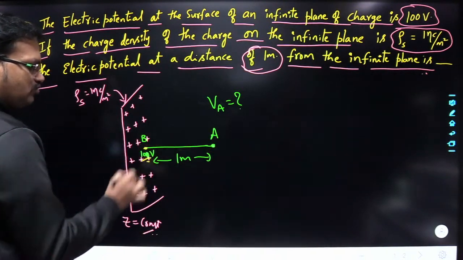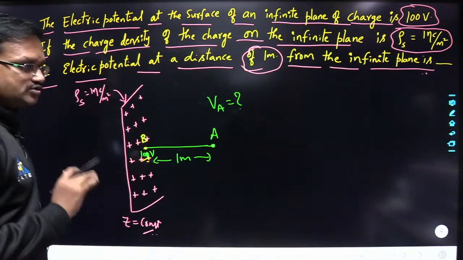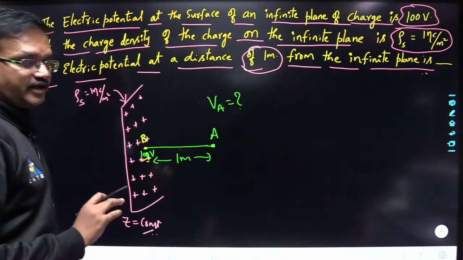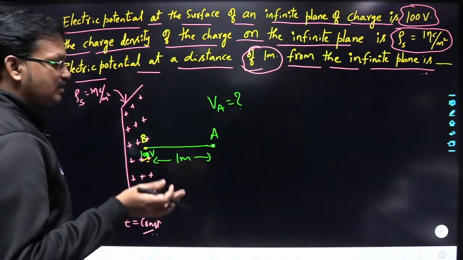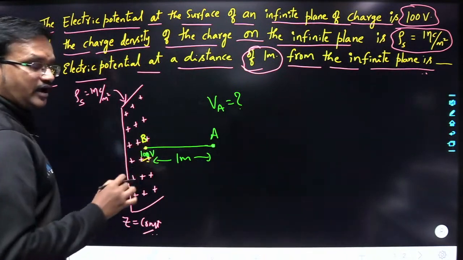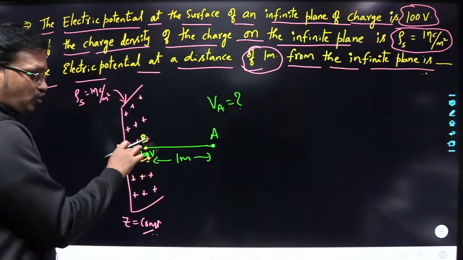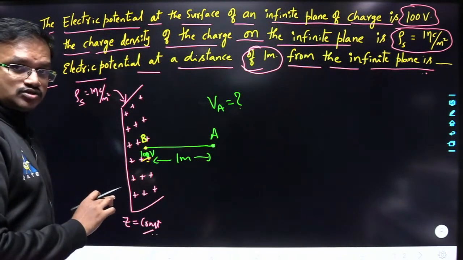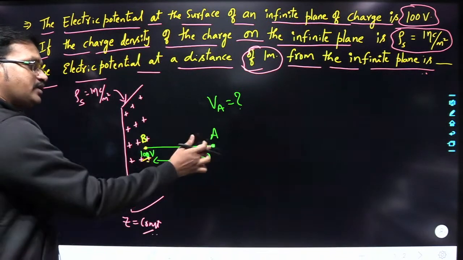This point I am considering as B. At this point B, 100 volts I know. Now I want to determine the potential at A. So now I can consider the reference point as B, because I know the potential at this point. Understood? With respect to this reference point, I can determine the potential at A.